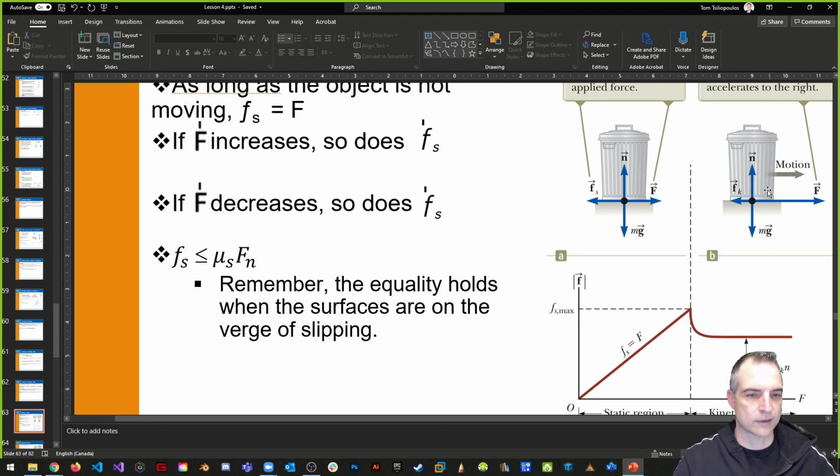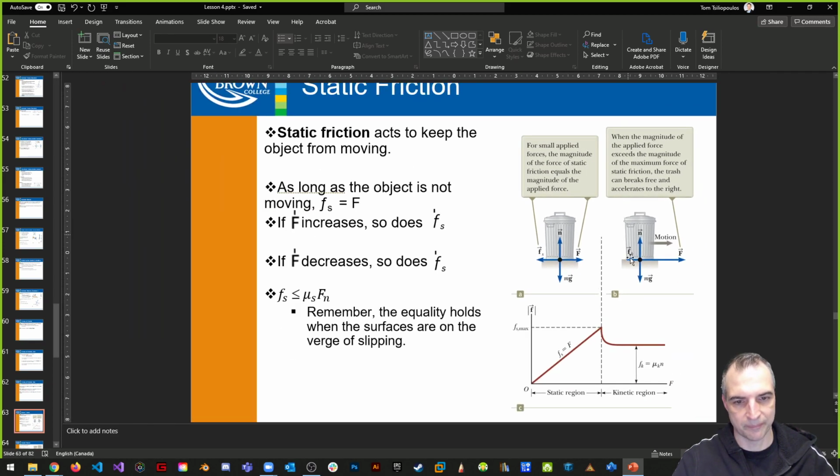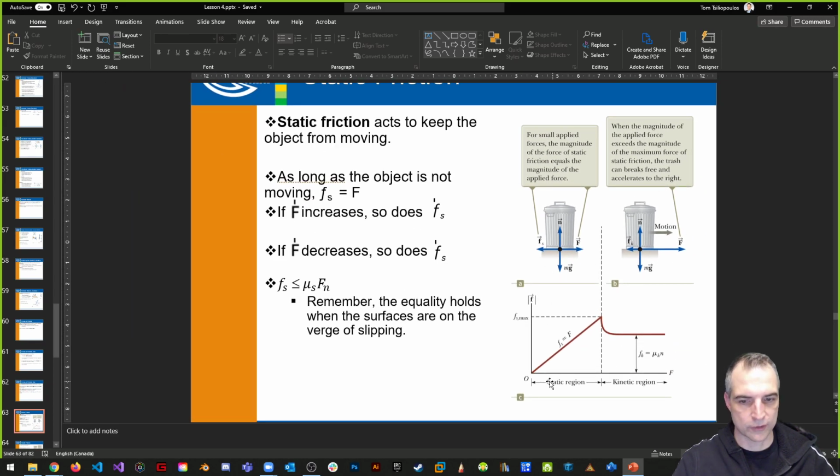Similarly, you would take an object with a mass and a gravity and multiply the coefficient of kinetic friction to calculate how much resistance you're going to get across the surface. Okay, this is over time. So there's two parts to the force, two different kinds of forces. The static region is before an object starts to move, and then this here is the kinetic region.